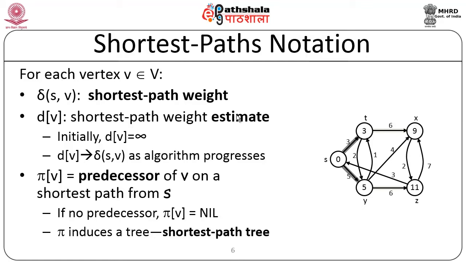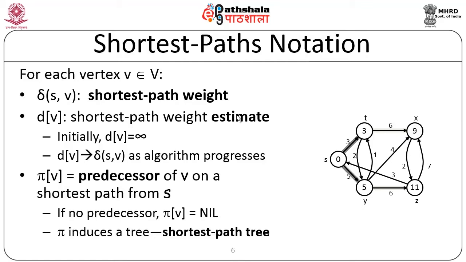Now, d[v] is the shortest path weight estimate. Initially we assume that d[v] is equal to infinity. And as the algorithm progresses, d[v], the infinity value or the cost value or the weight value, will go towards delta(s, v), which is the actual shortest path weight.